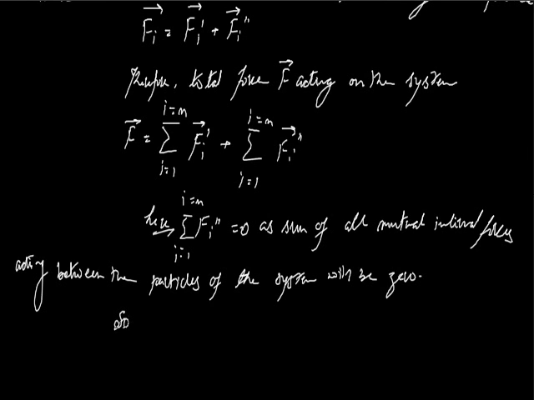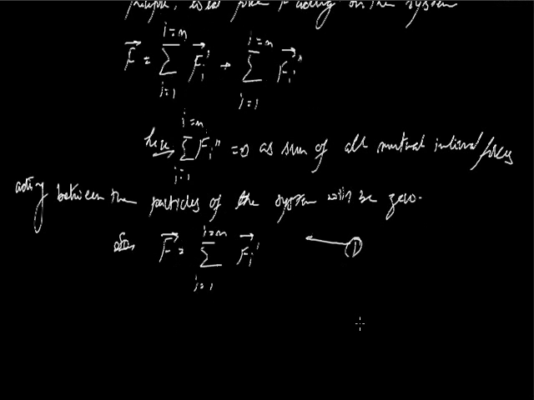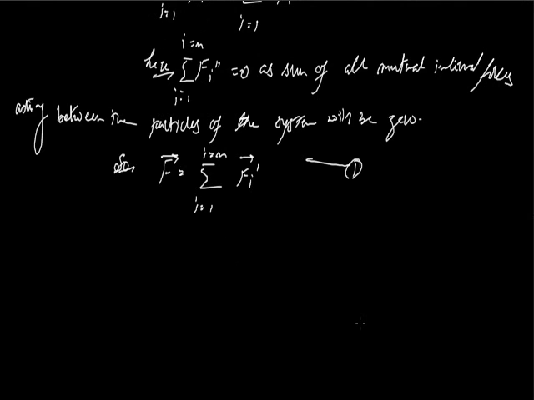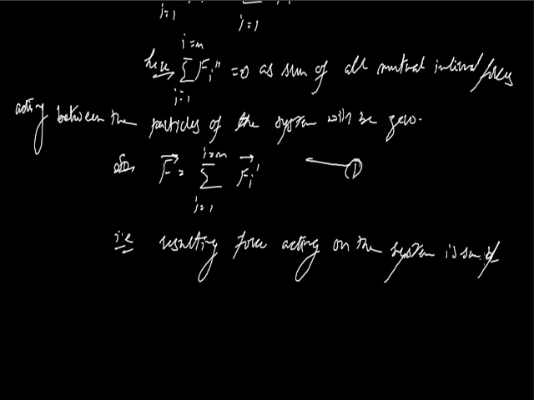So F equals the sum from i equal to 1 to n of Fi dash. This is our equation 1, let us suppose. That means the resultant force acting on the system is the sum of external forces acting on all the particles.